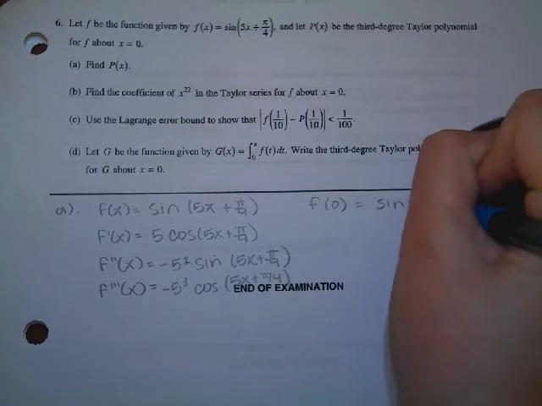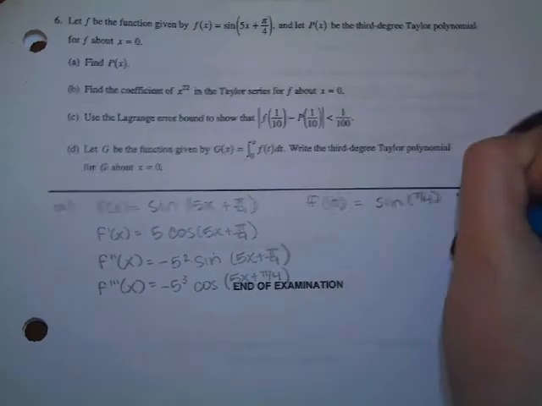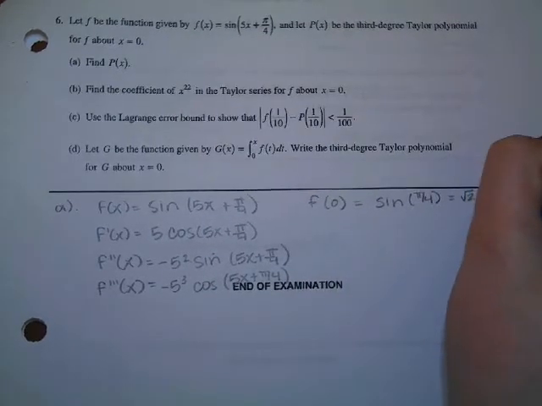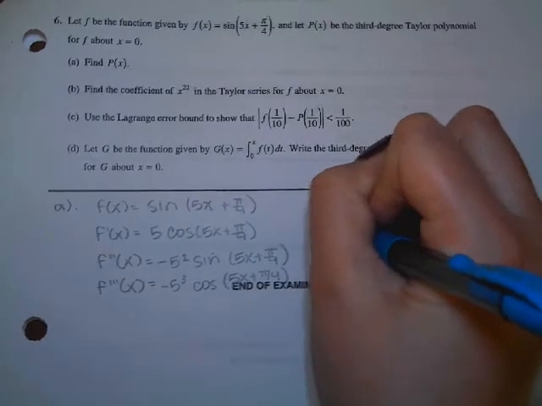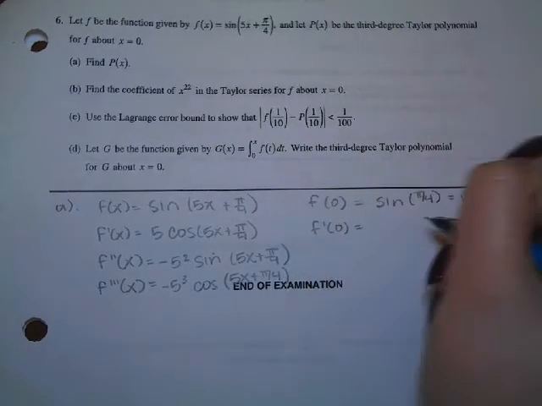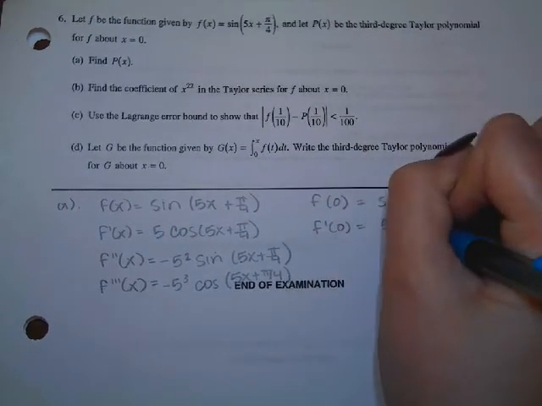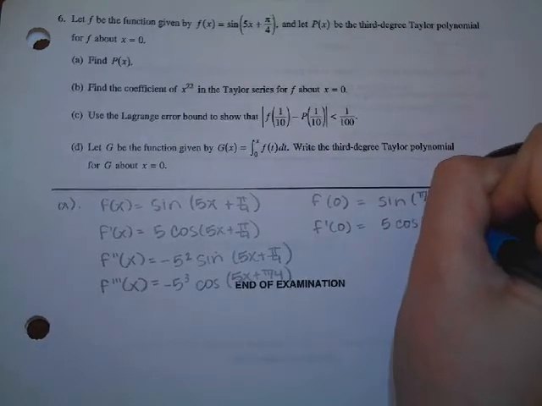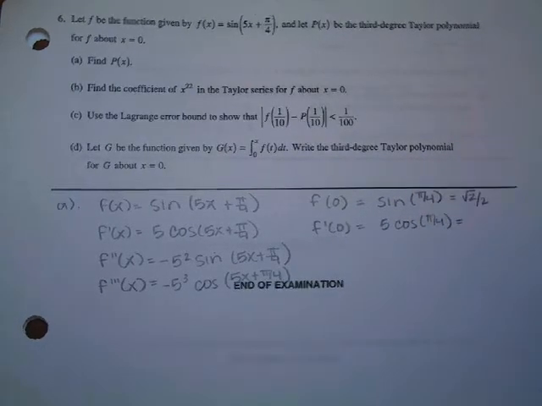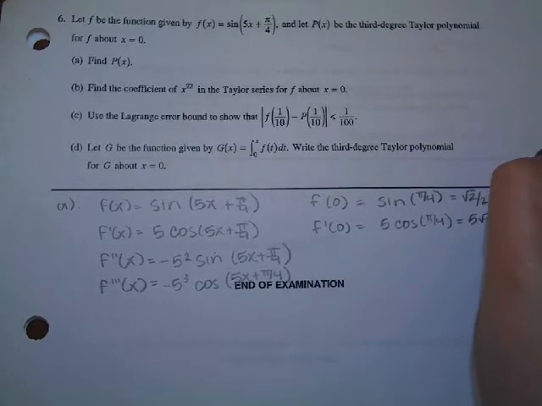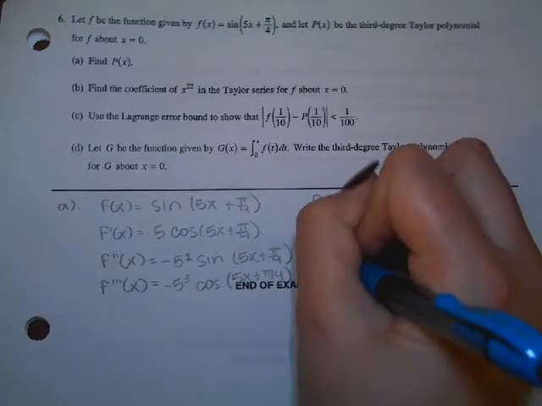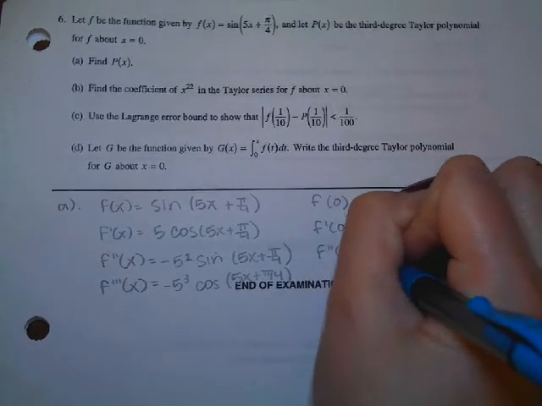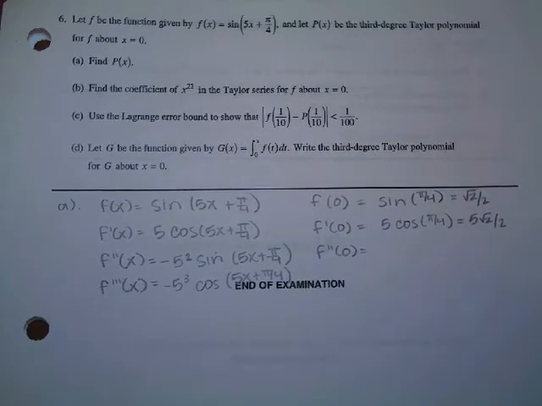So sine of pi fourths is root 2 over 2. 5 times cos of pi fourths is also 5 root 2 over 2. Okay, go ahead and take a minute to finish doing those.